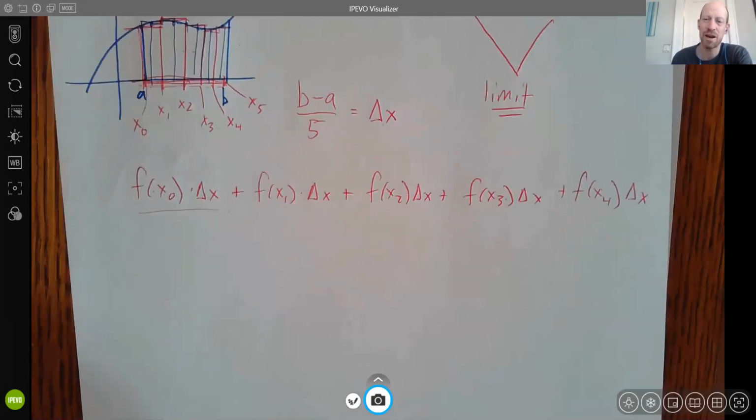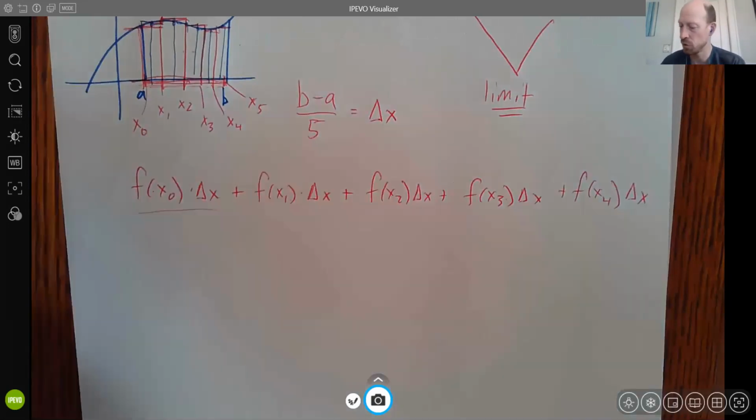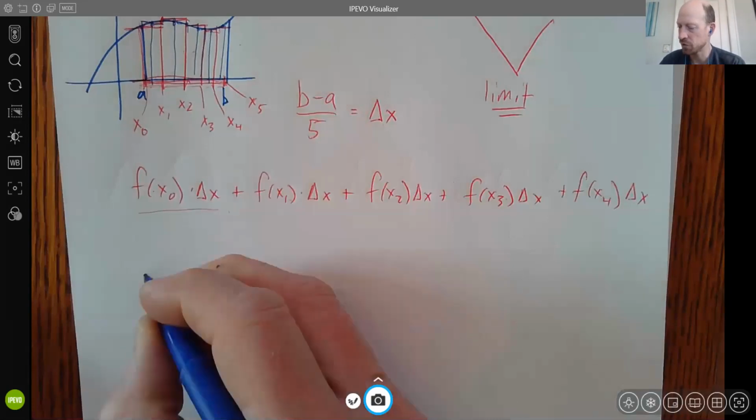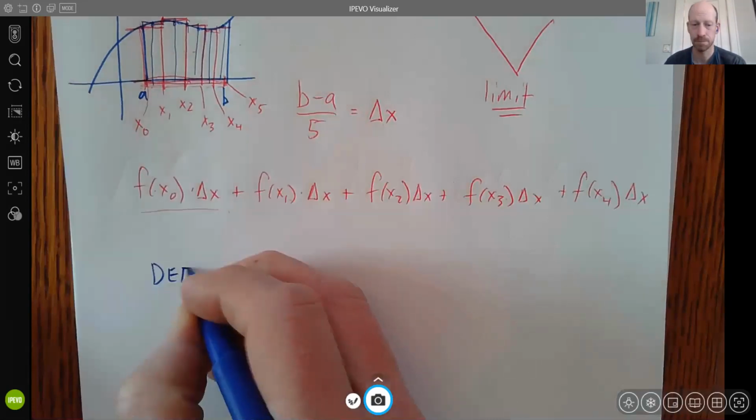Okay, and let me write that down for you, and then we'll unpack what I've written down. So we're going to state this as a definition.